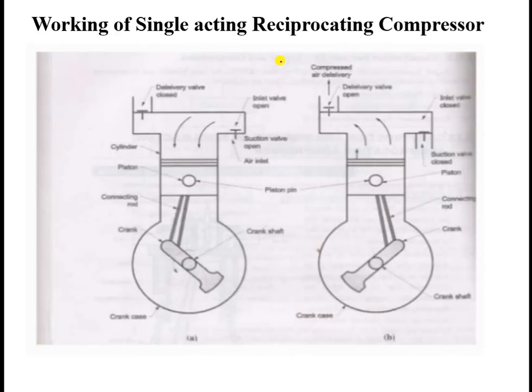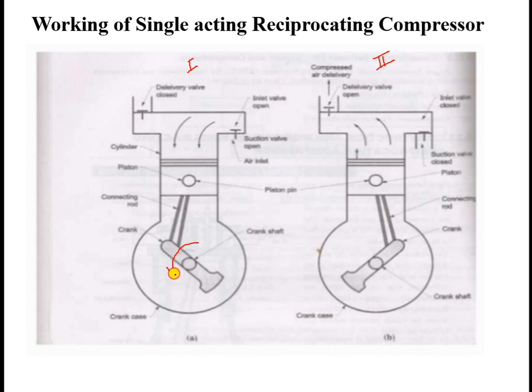Now we will come to the working of this single acting reciprocating compressor. A very simple working. There are two strokes. The first stroke is the suction stroke, and the second stroke is the delivery stroke as far as the compressed air is considered. During the suction stroke, whenever we switch on the electric motor or engine, the crankshaft of this compressor is rotated, either clockwise or anti-clockwise.